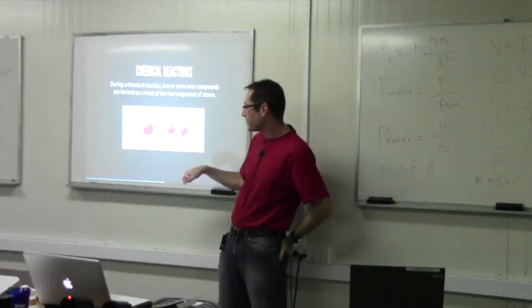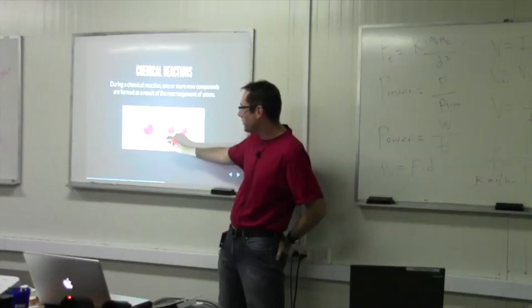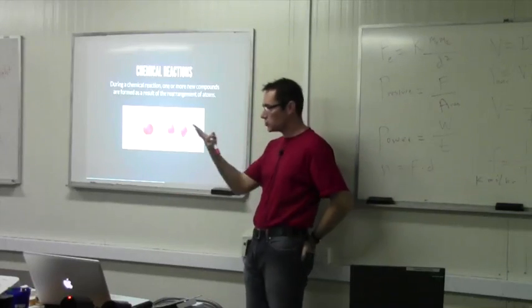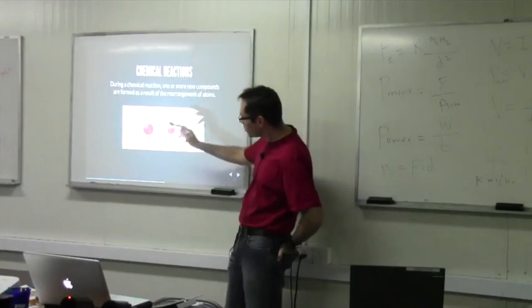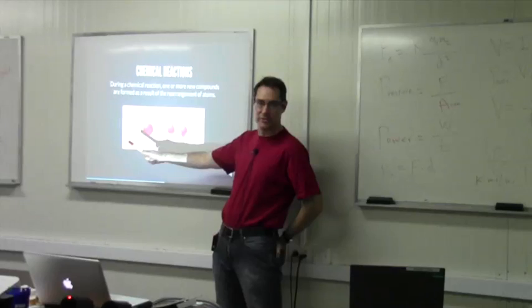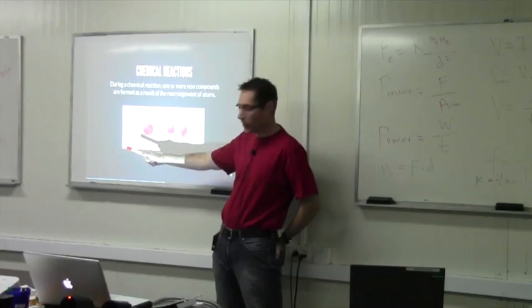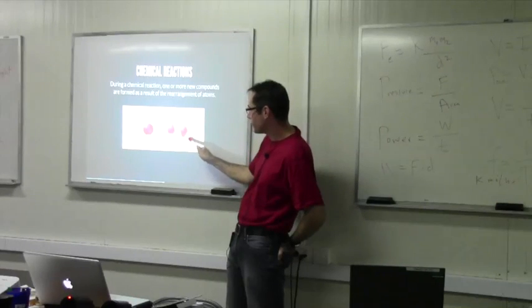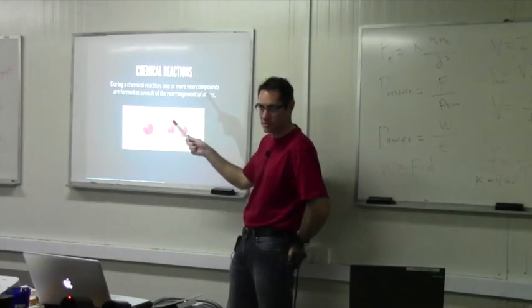You mix them together, you end up with 1 molecule of water and another molecule of water. So you end up with 2 molecules of water. Can you look at this and see that we haven't created or destroyed any atoms here? We started with 1, 2, 3, 4 hydrogens, 1, 2 oxygens. We end up with 1, 2, 3, 4 hydrogens and 2 oxygens.